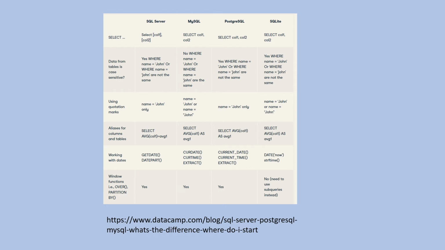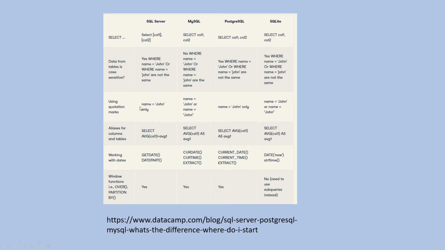So for instance, it's mostly in syntax. So if you have a select from column 1, column 2, versus, and you put these in brackets with SQL Server, or Microsoft SQL Server, and here you don't have brackets, and there's just a couple different variations along the way of these kinds of things.